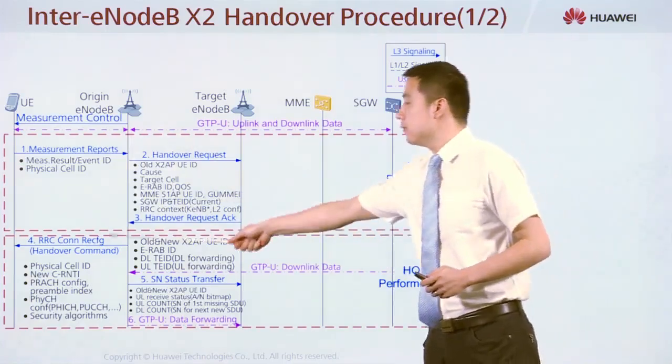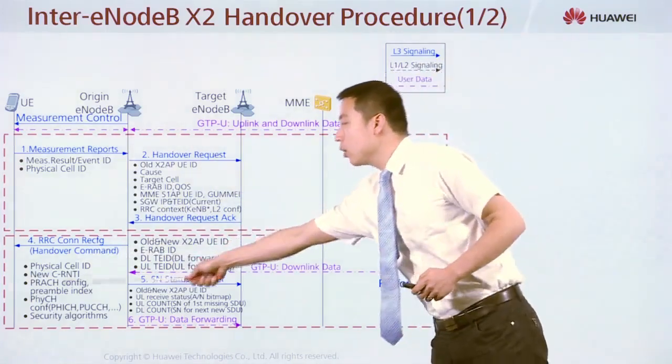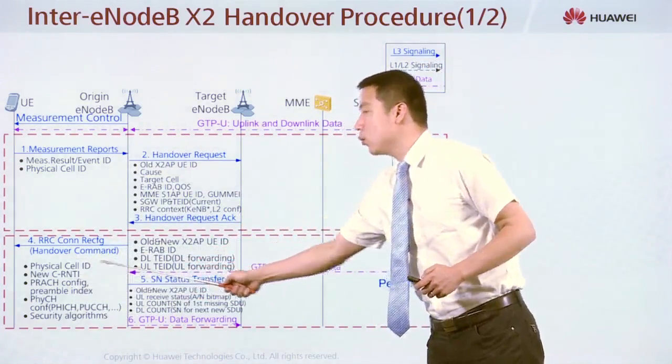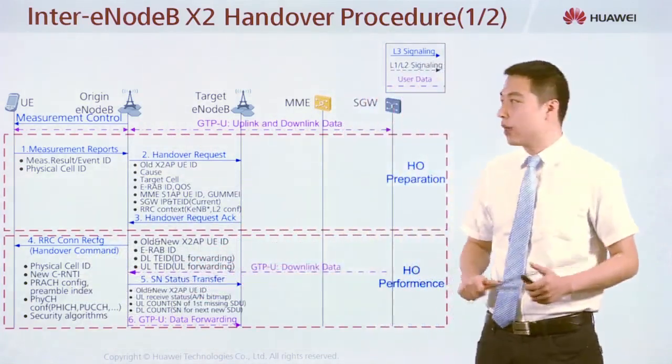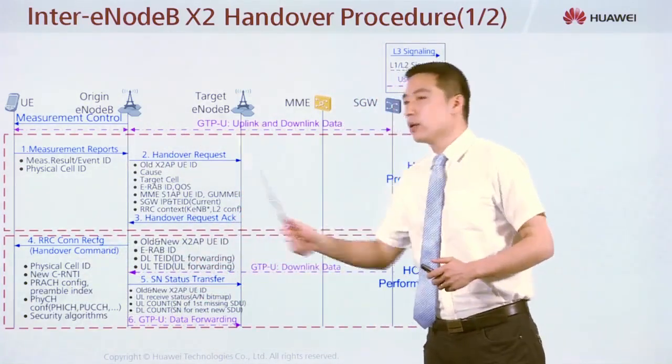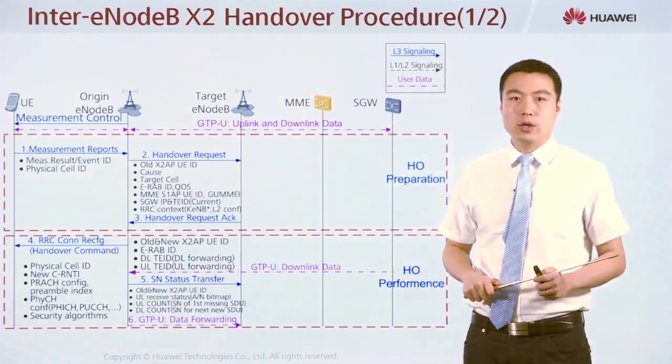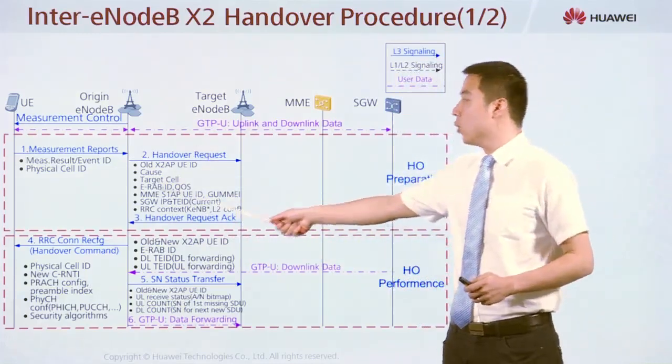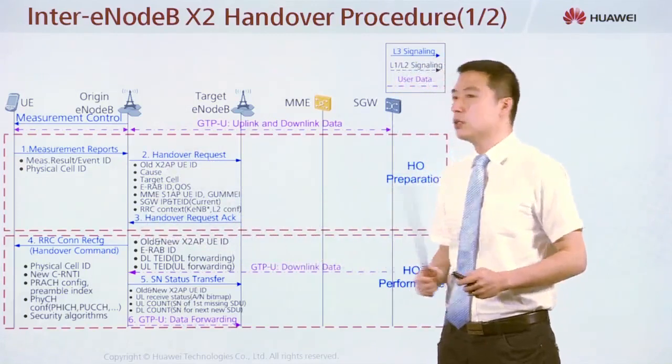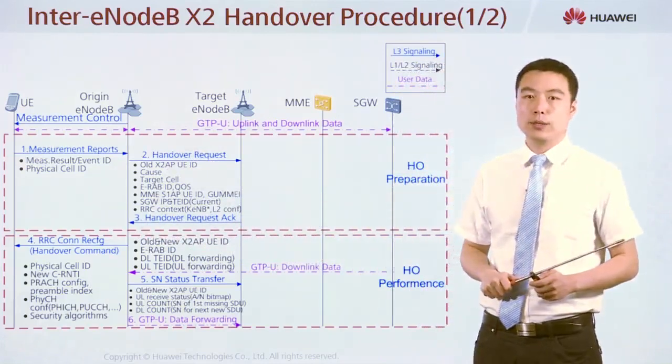After the UE receives the handover command with all of these parameters and the information related to the target cell, the UE will start the handover procedures. The UE will disconnect from the old eNodeB and build a new connection with the new eNodeB.